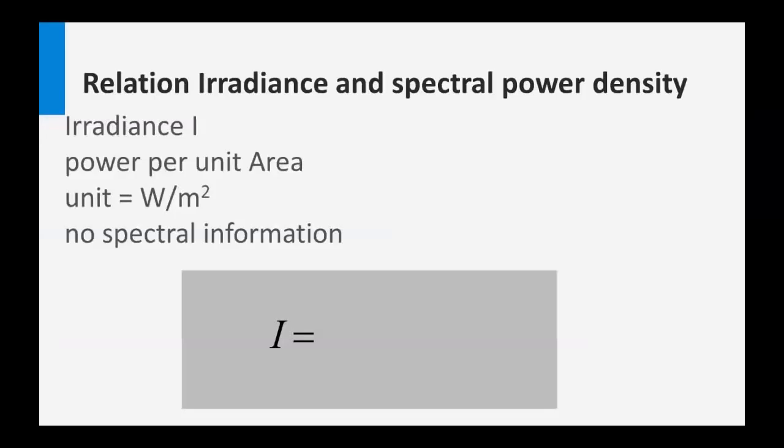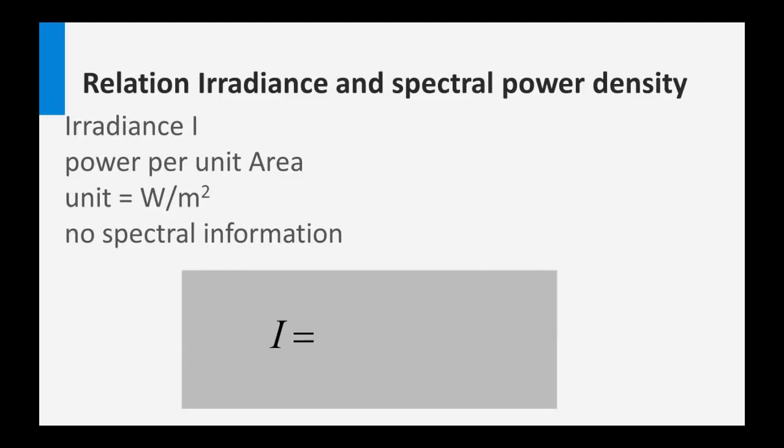Let's start with the irradiance and the spectral power density. So the irradiance is a unit parameter which describes power per unit area. So the unit is watt per square meter. It tells us how much energy in a certain time per area is incident on a surface.